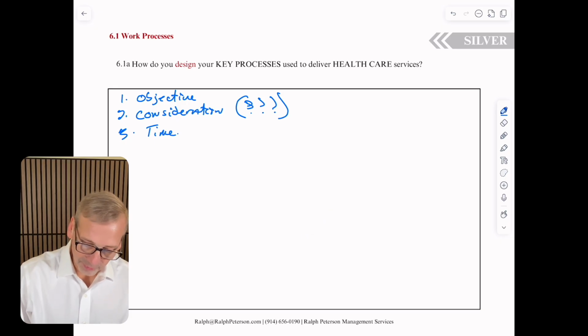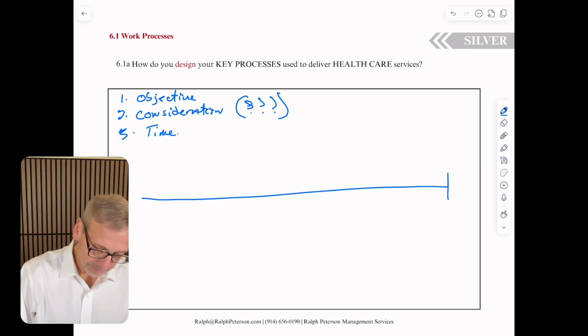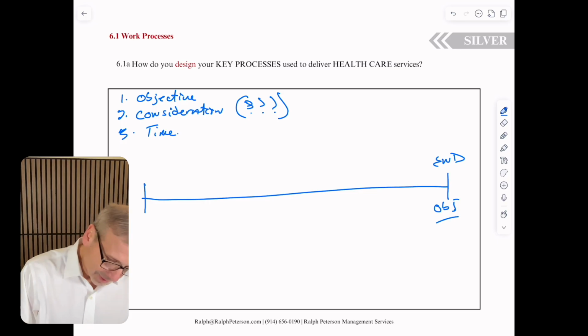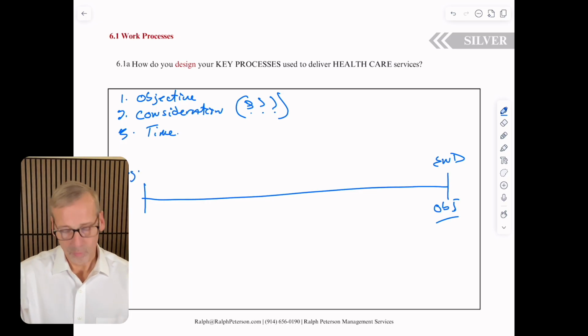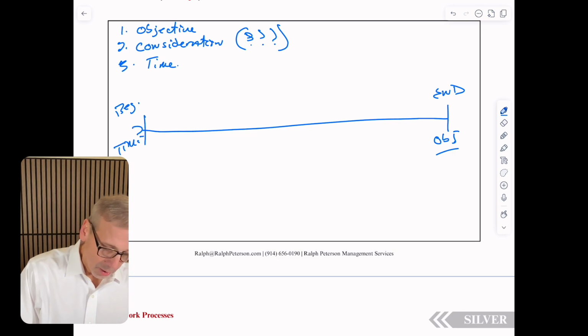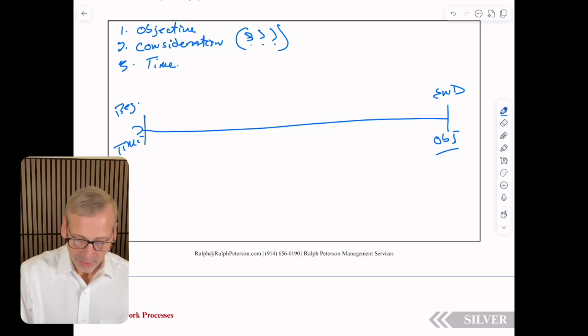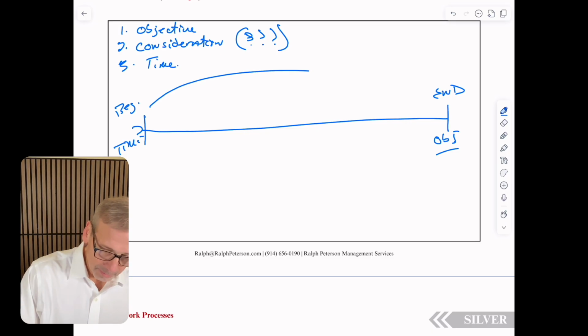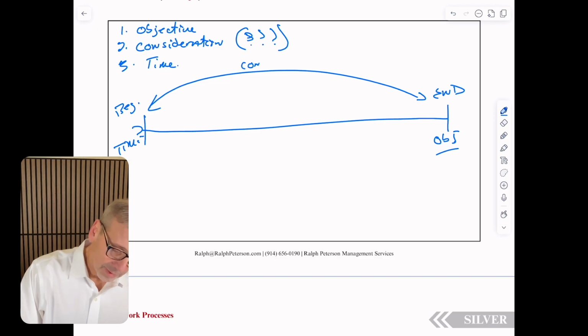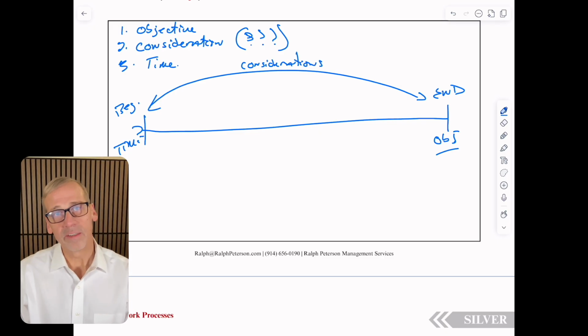If I were to put this on a little bit of a graph, let's say that I went like this. This is the end, meaning this is where we meet our objective. There has to be a beginning, and that is time. When do we start? In the middle between starting and ending a key process, there are considerations.